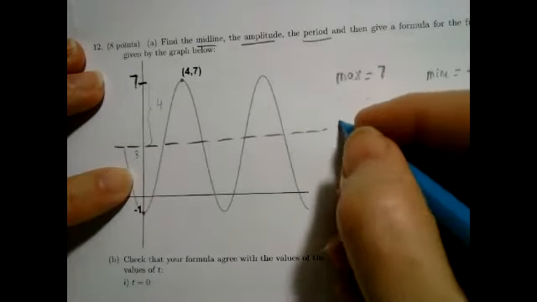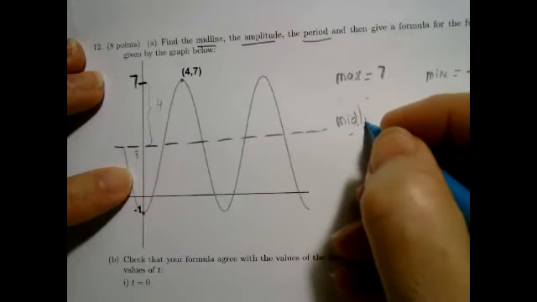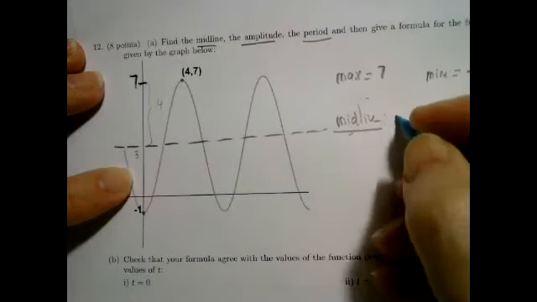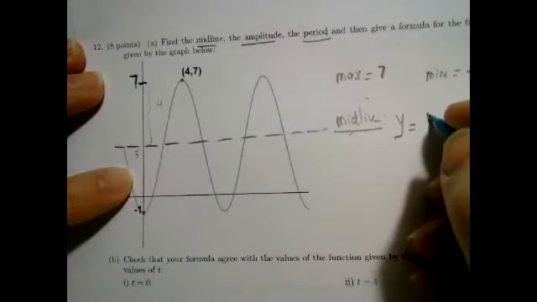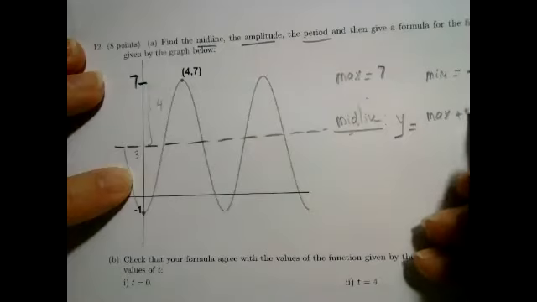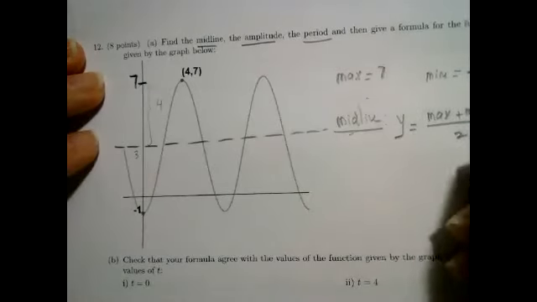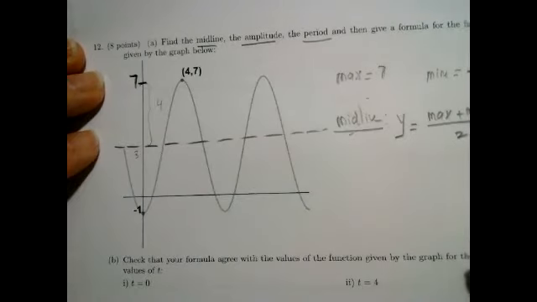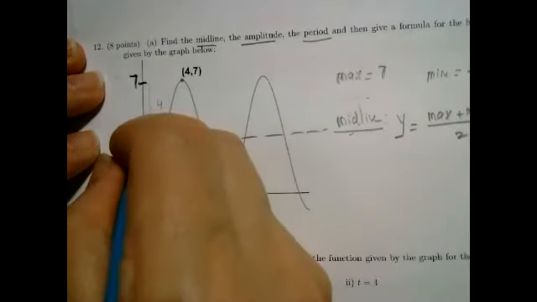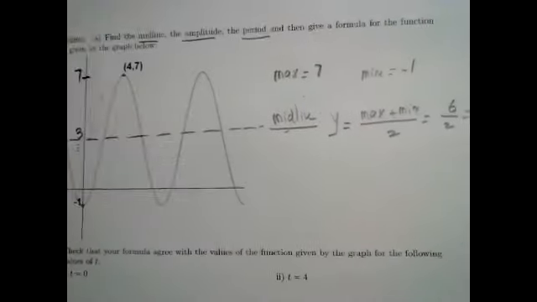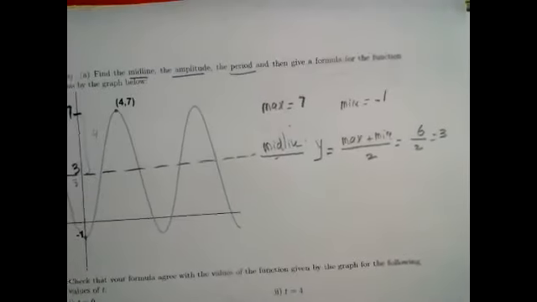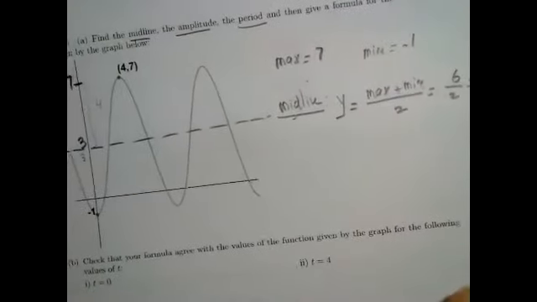If you forget it, we use the formula, midline: y equals the max plus the min divided by 2. 7 minus 1, 6 over 2, which is equal to 3. That's the midline. Sorry, if you guys don't see, let me know. It's your responsibility to let me know.